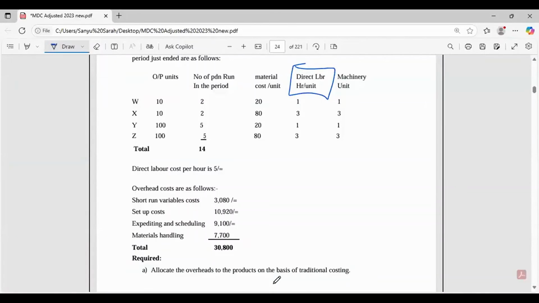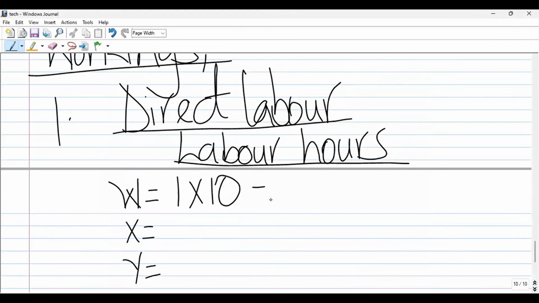For example, product W, the labor hours per unit is 1. The number of units is 10. So that means just 1 unit used 1 hour, and yet they produced 10 units. We want to know how many labor hours they used for these 10 units. So we get the labor hours per unit 1 times the number of units 10.